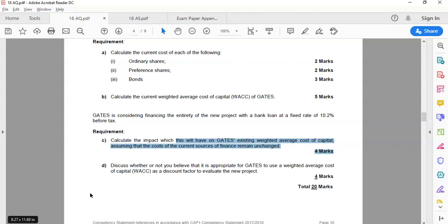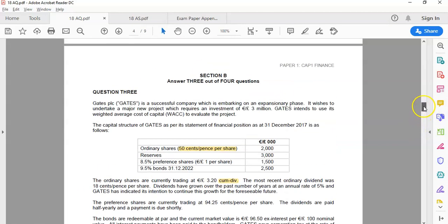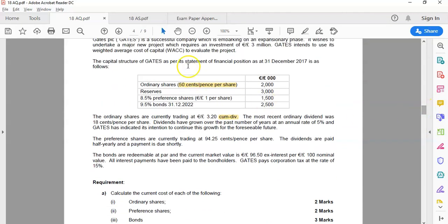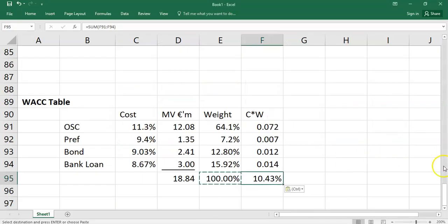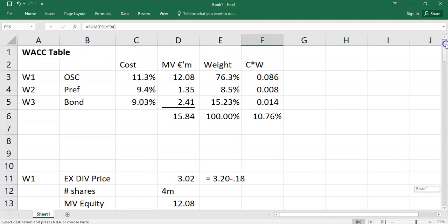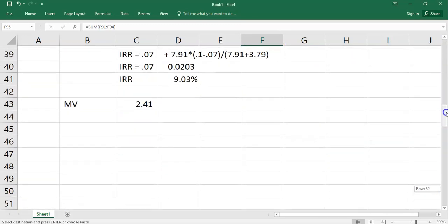And the other thing to look at is the size of the new investment should be relatively small with respect to the overall business. So you're not going to have a huge change in the overall capital structure. And this 3 million is relatively small with respect to the overall capital structure of the business, which is about 15 or 18. So 15 and then 18 when it's brought on.